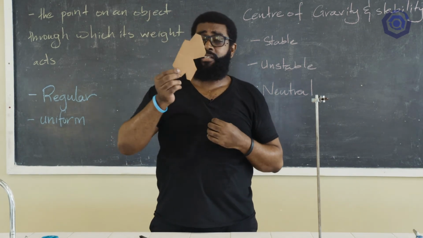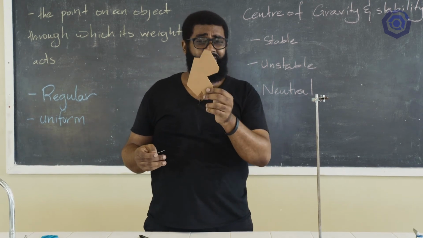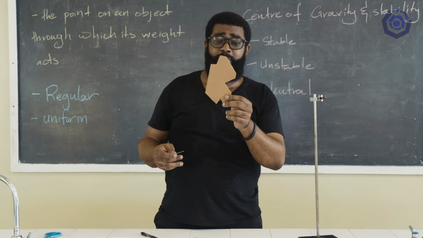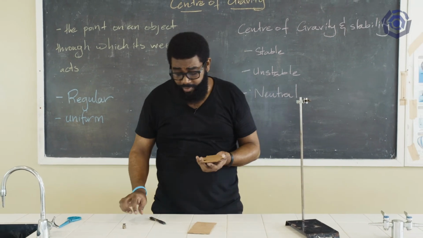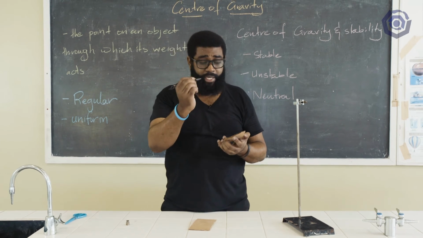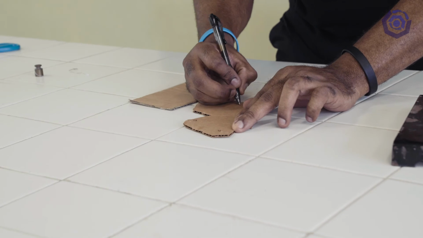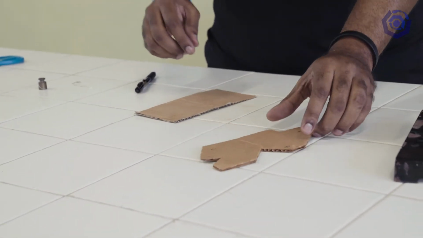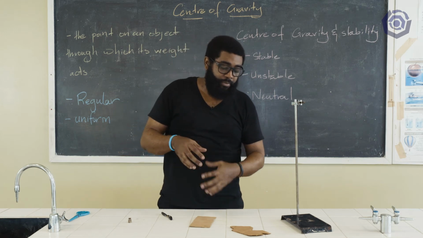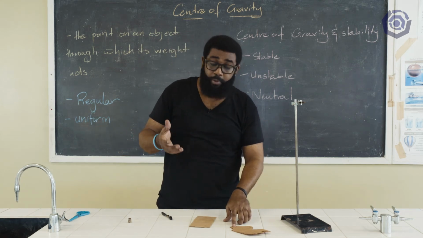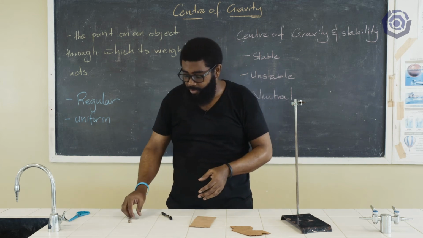Because wind can actually influence or prevent our lamina from coming to rest. So this lab might make you sweat a bit. Anyways, now that I have my points of suspension, with a pen, I label them A, B, and C. Now, this is important because you have to mark them so you know which point you suspended it from, and you go through them in correct order as well.